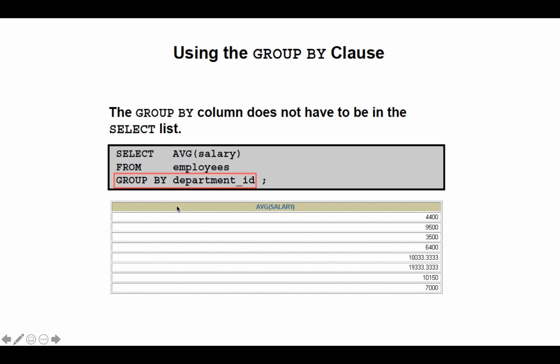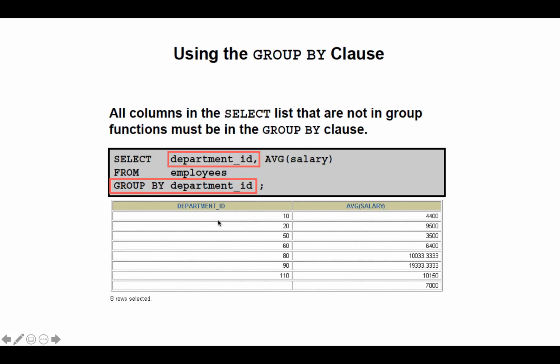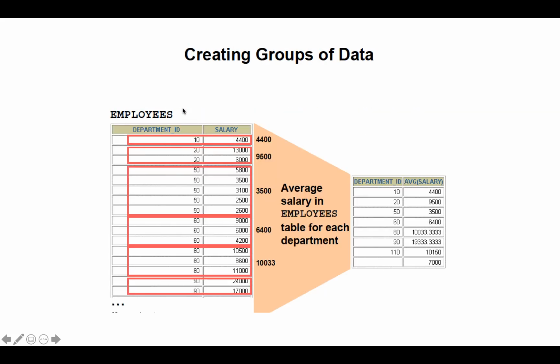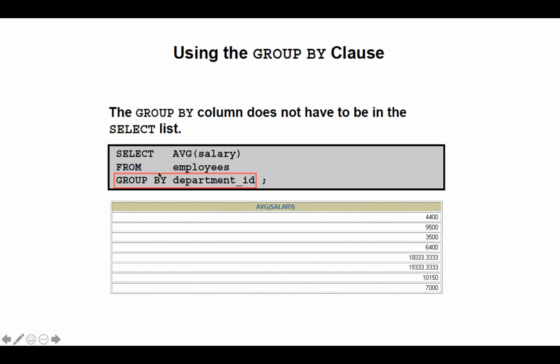The salary itself, I cannot show salary because I don't know which salary to show. However, I could have put department ID here. All right, so group by department ID. I can put it, like in this example, I can show it, or I can just not show it, that's fine. I'm showing only the average salary, that's fine. But I cannot put here comma salary, so I cannot show, for example, another field unless it's in the group by clause.